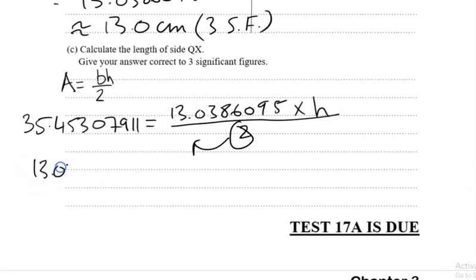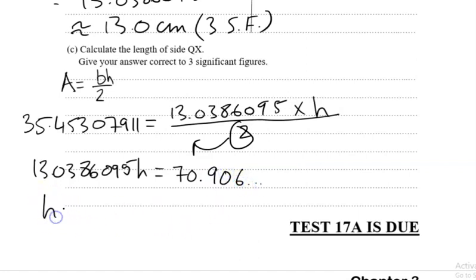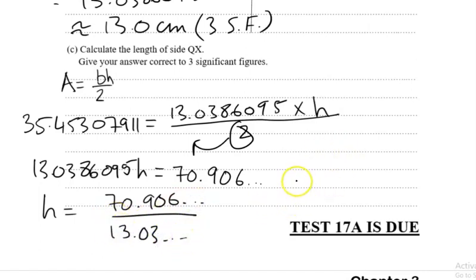So 13.0386095 h equals 70.906, and so on. h is going to equal 70.906 divided by 13.0386095.